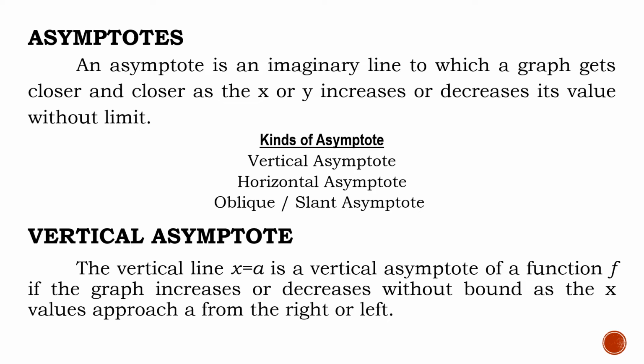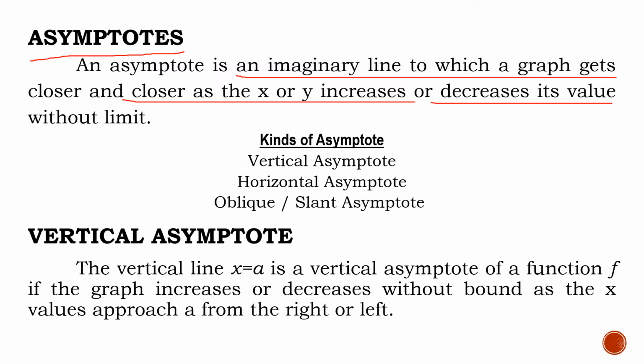Now, let's move forward with your asymptotes. When we say asymptote, it is an imaginary line to which a graph gets closer and closer as x and y increase or decrease their value without limit. Meaning to say, up to the last part of your curve, there is an asymptote, whether your x or your y increases or decreases.